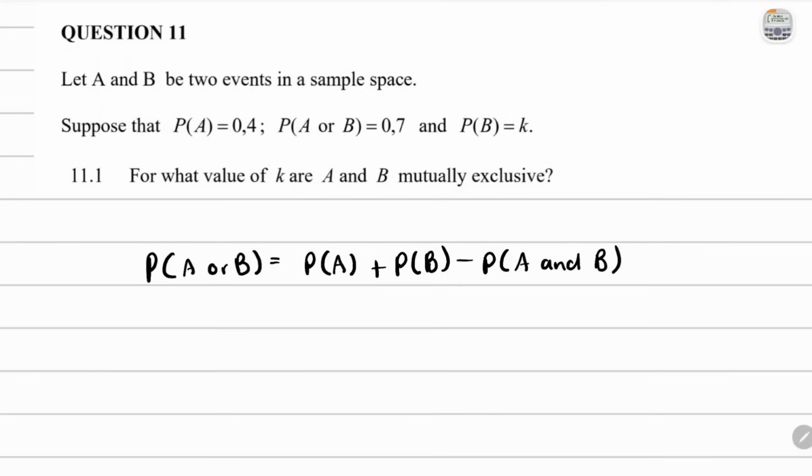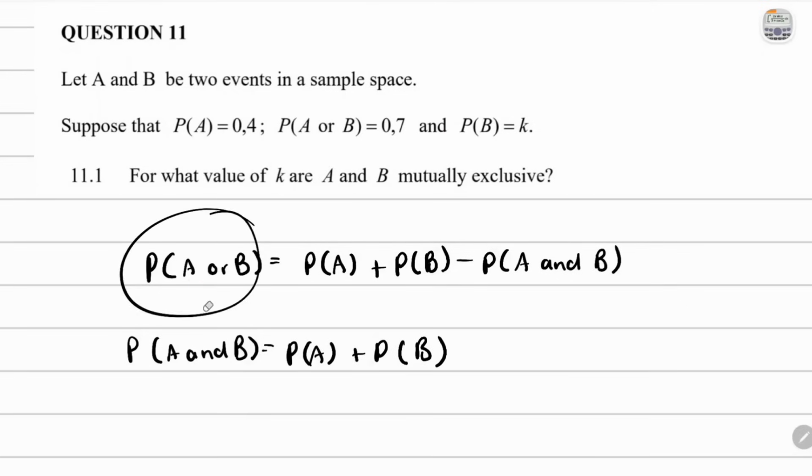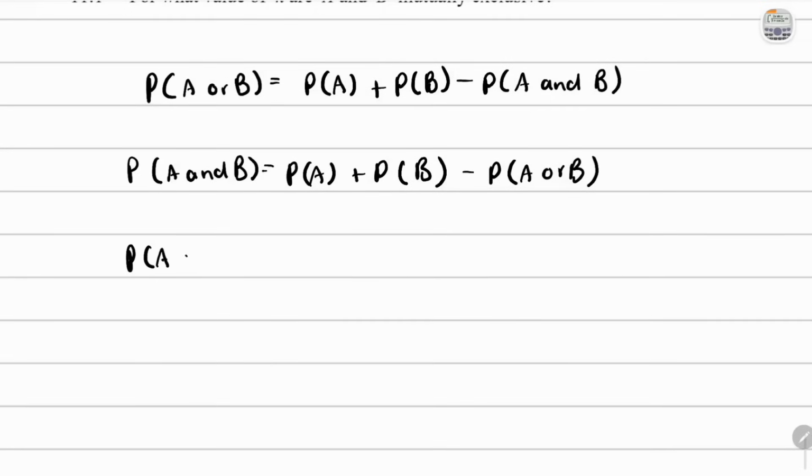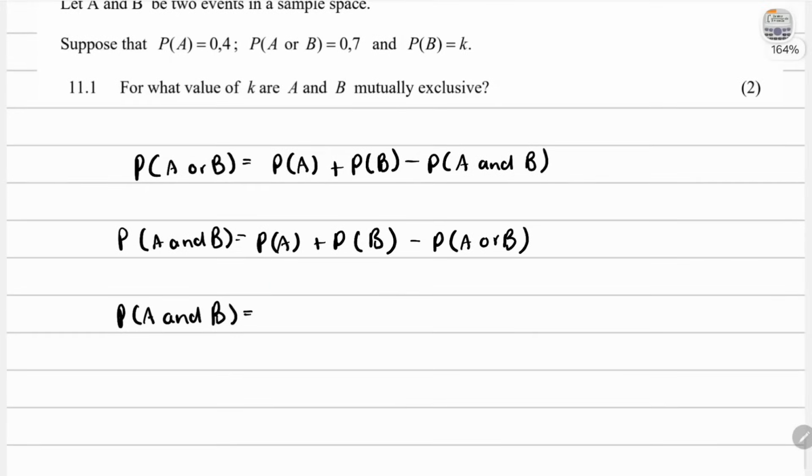And with this, we can make this the subject since this is what we are looking for. So we can transpose this, take this over. So it's now positive, okay, because this was negative. So we're just going to say the positive probability of A and B is equal to, and we still have these on the right, so the probability of A plus the probability of B, and we can go ahead and transpose that, so minus the probability of A or B. Let's just put the values down.